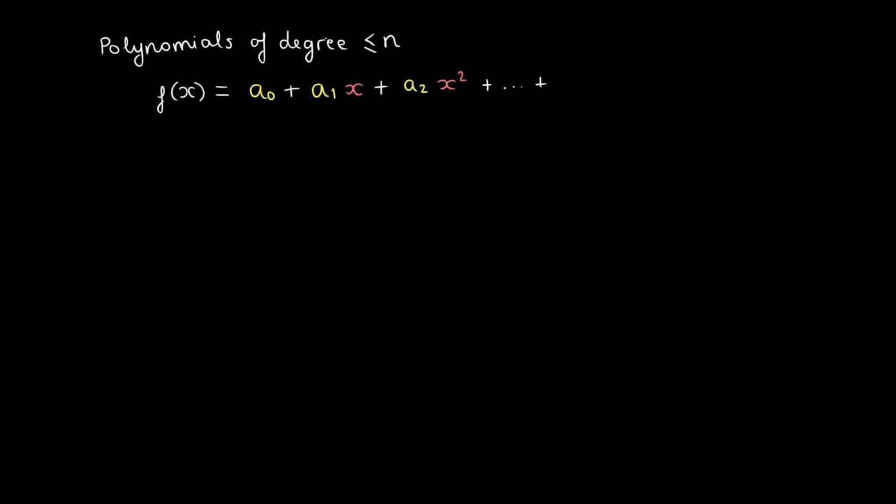As our next example, we will now move to higher dimensions. Consider all polynomial functions of a degree smaller than or equal to n. Let me show you how easy it is to represent these as vectors. Let's choose the following basis: 1, x, x squared, x cubed, all the way up to x to the power n.